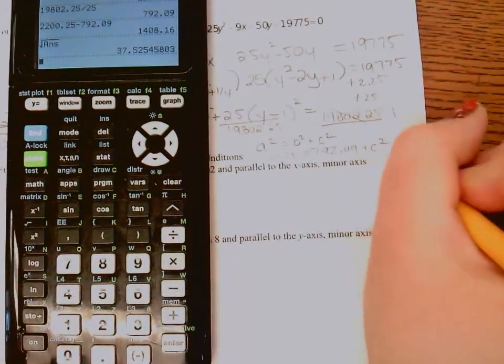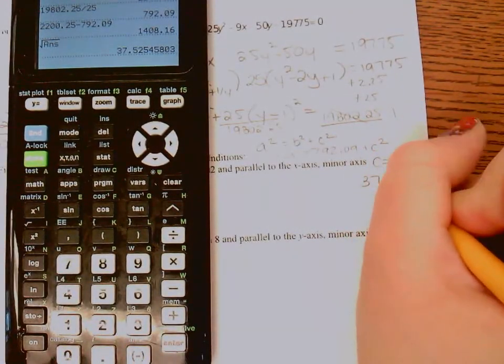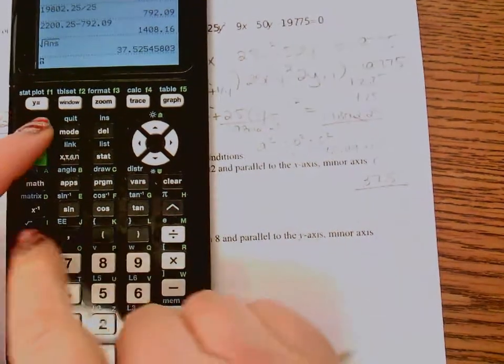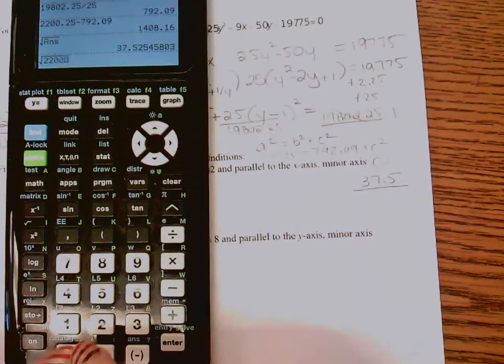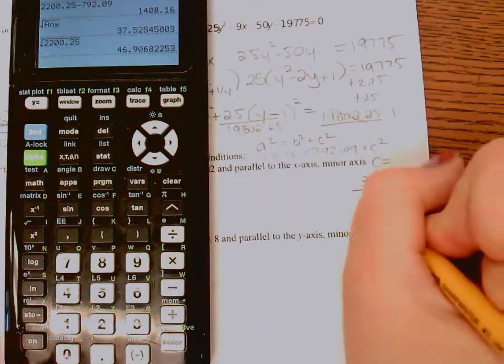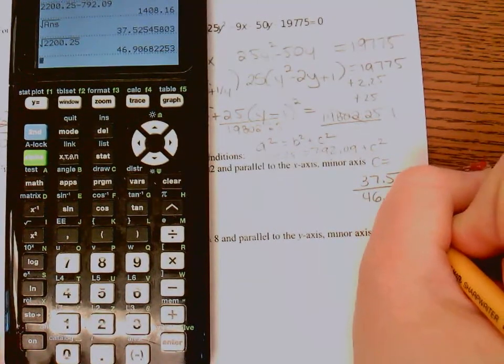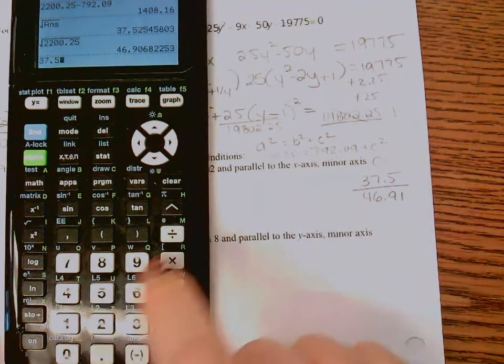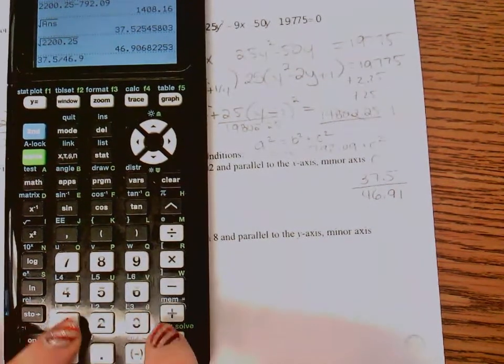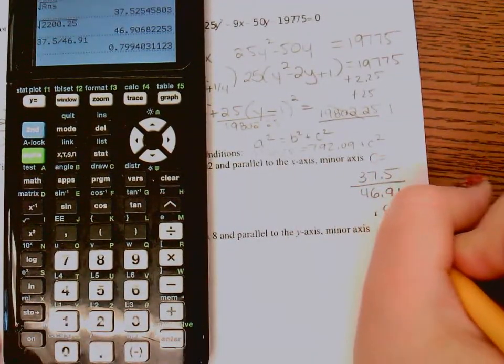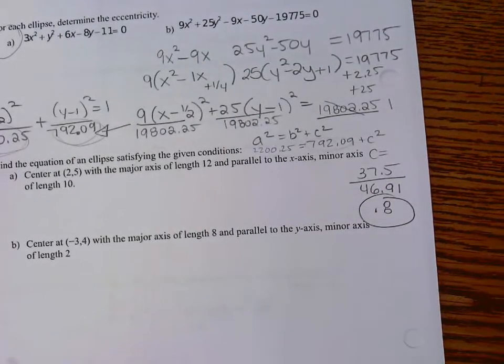So c is 37.5 and a is the square root of 2200.25, 46.91. So what's 37.5 divided by 46.91? Eccentricity of 0.8. Ta-da! That was a painful one, guys. I hope number 6a treats you better.